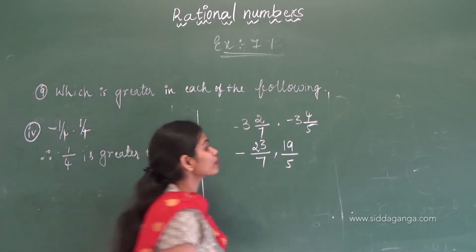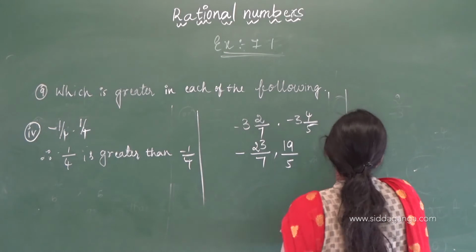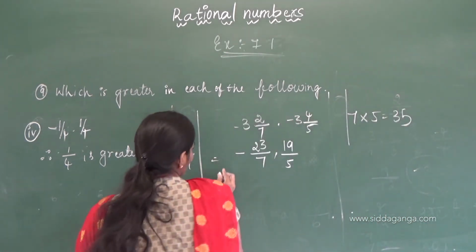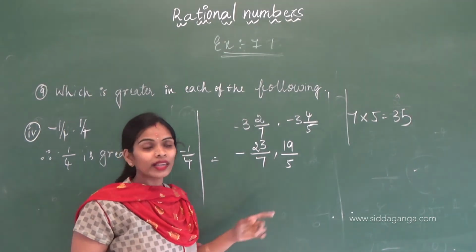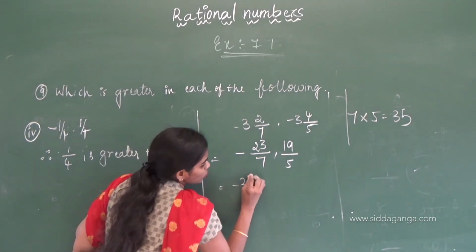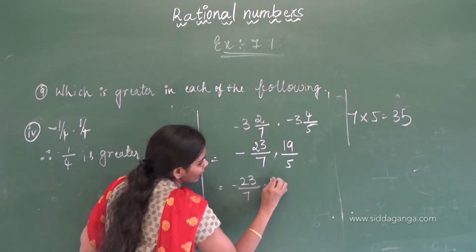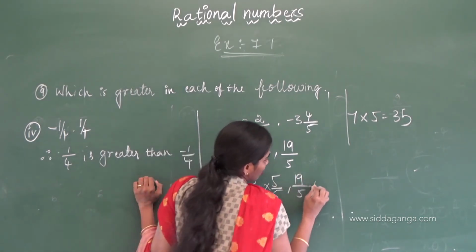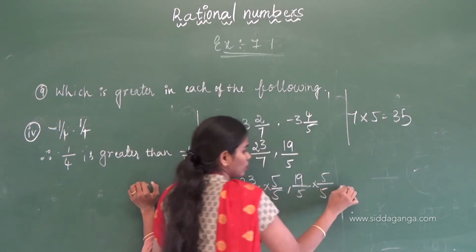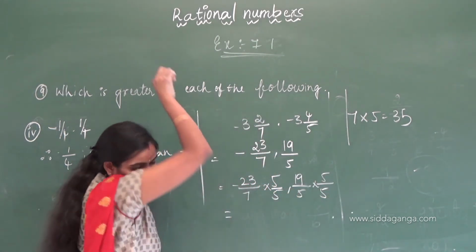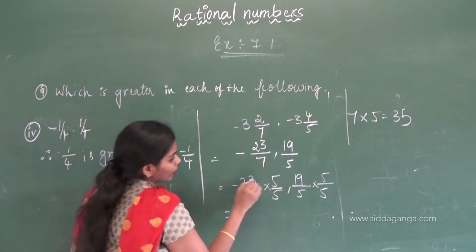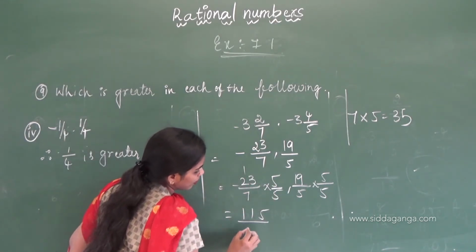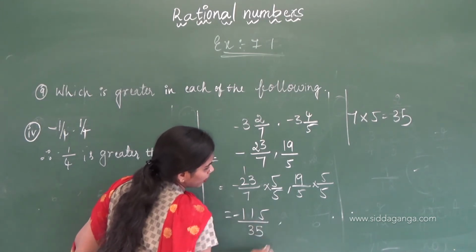What is the multiplication of 7 and 5? 35. So we have to change the denominator of these two as 35. Minus 23/7 into 5/5, 19/5 into 7/7. 23 5s are 115 by 35.